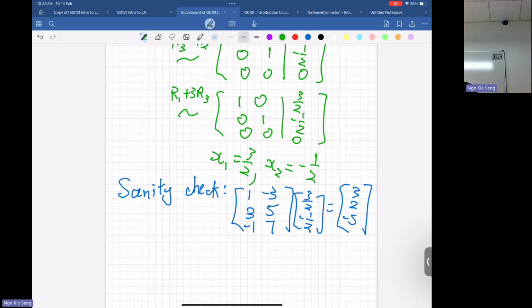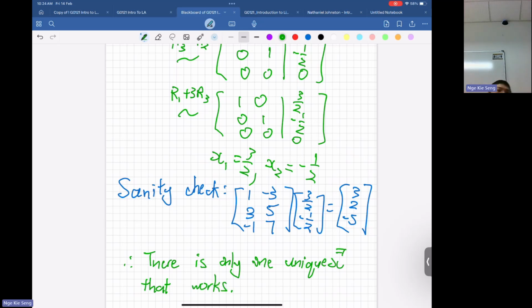So how do I write it? There's only one unique x that works, unless there's a free variable in your solution. Come on. Any question? Okay.